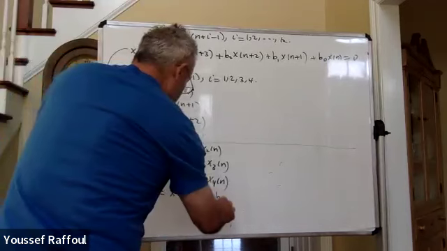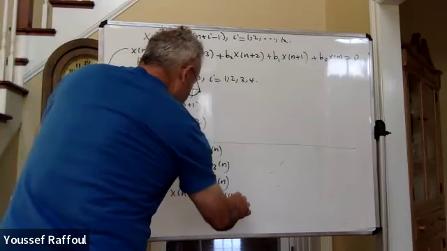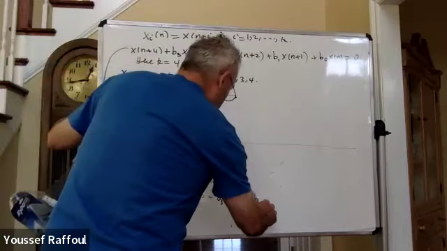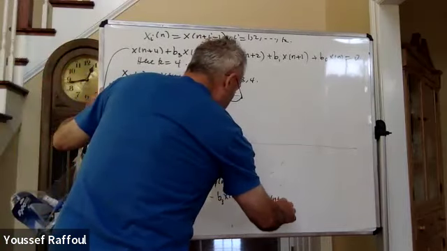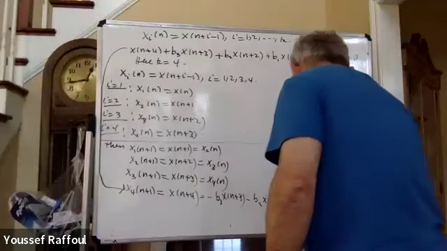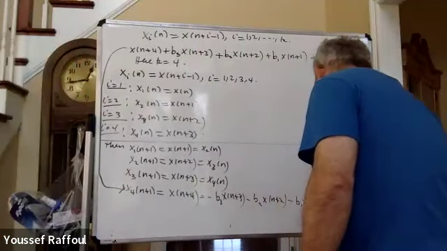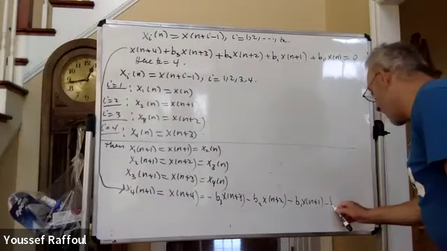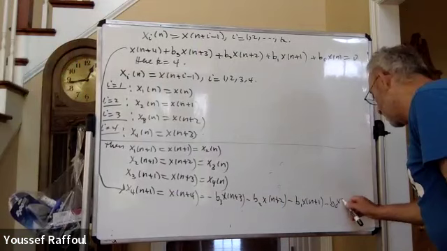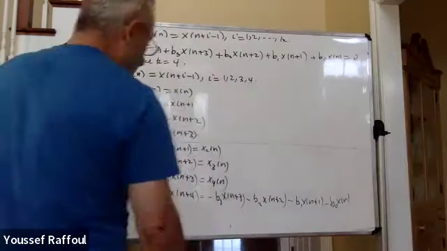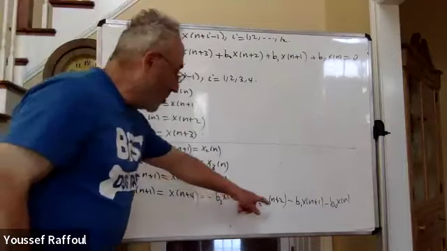That is minus b3 x of n plus 3, minus b2 x of n plus 2, minus b1 x of n plus 1, minus b0 x of n. Well, we should eliminate all those.